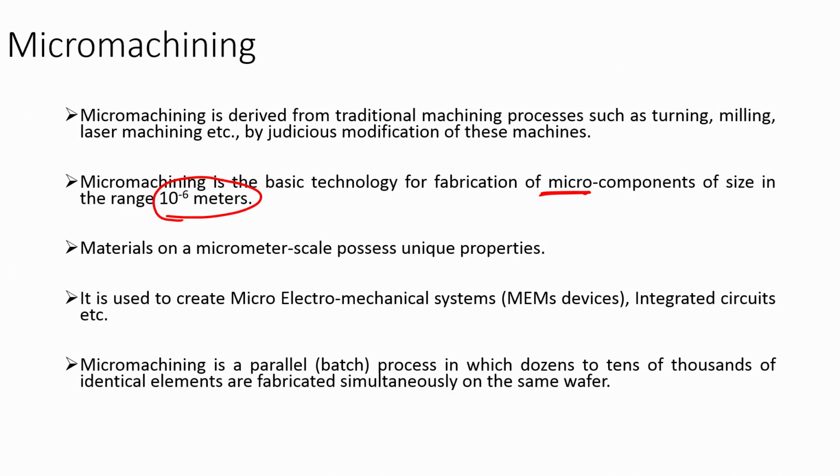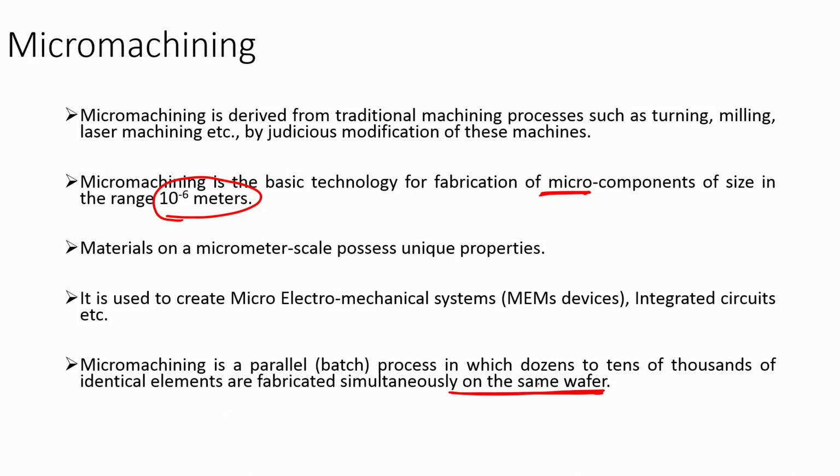Materials on a micrometer scale possess unique properties. Micro machining process is used to fabricate MEMS based devices, integrated circuits, etc. Also, micro machining is a parallel, that is batch process, in which dozens to tens of thousands of identical elements are fabricated simultaneously on the same wafer, right.